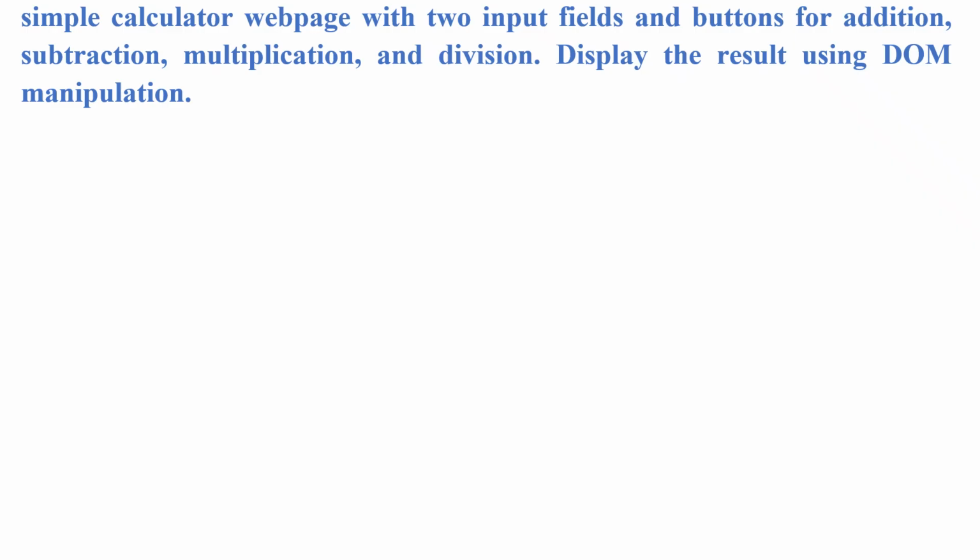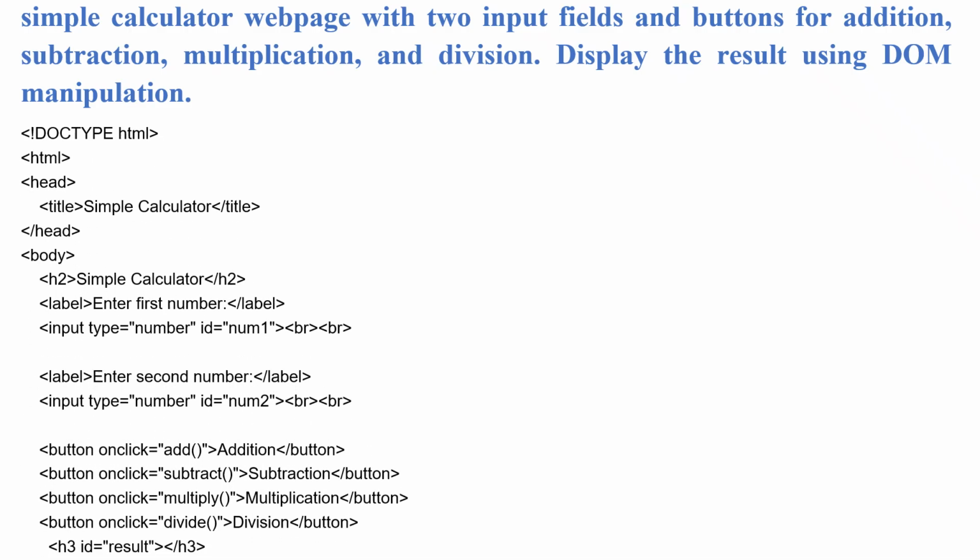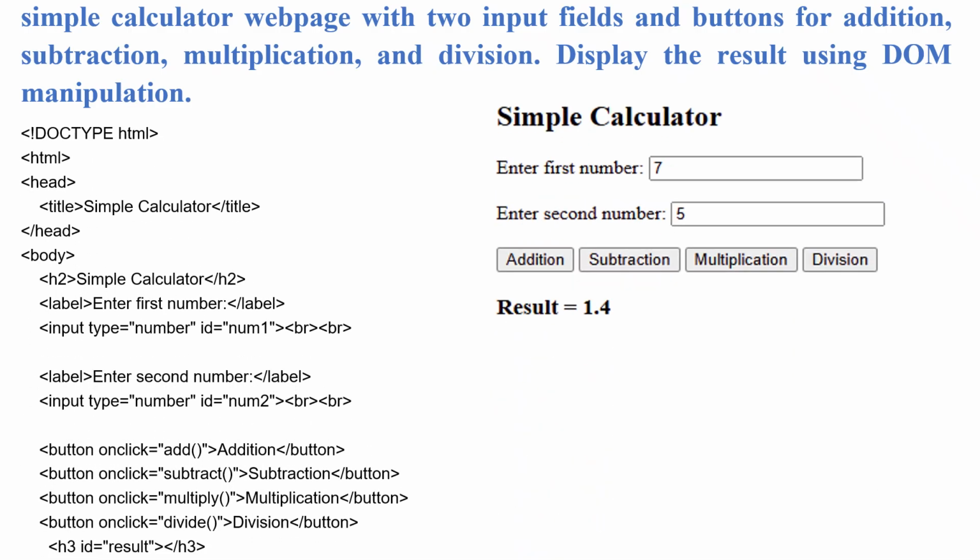Next, a simple calculator web page with 2 input fields and buttons for addition, subtraction, multiplication and division. Here the easiest method is creating functions. The same values can be used for addition, subtraction, multiplication and division. Look here, there are 3 different buttons being clicked, but the values are common. So how can we do this?